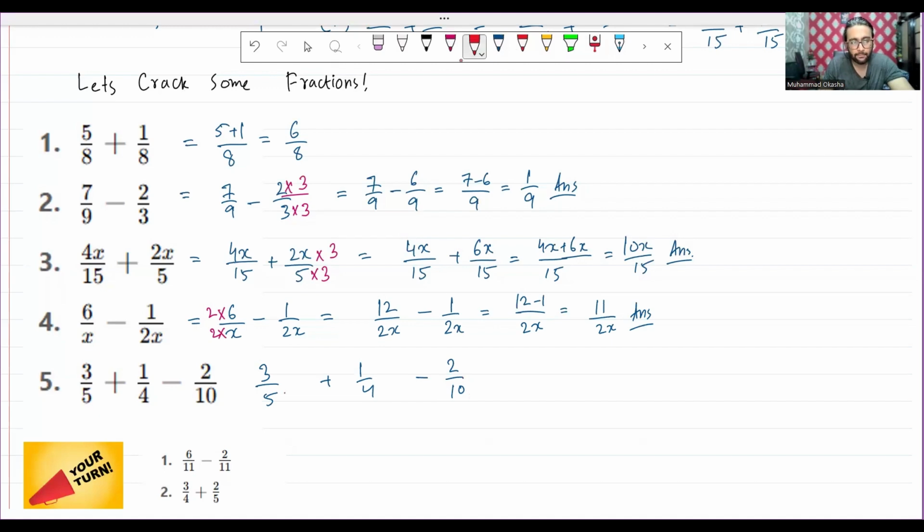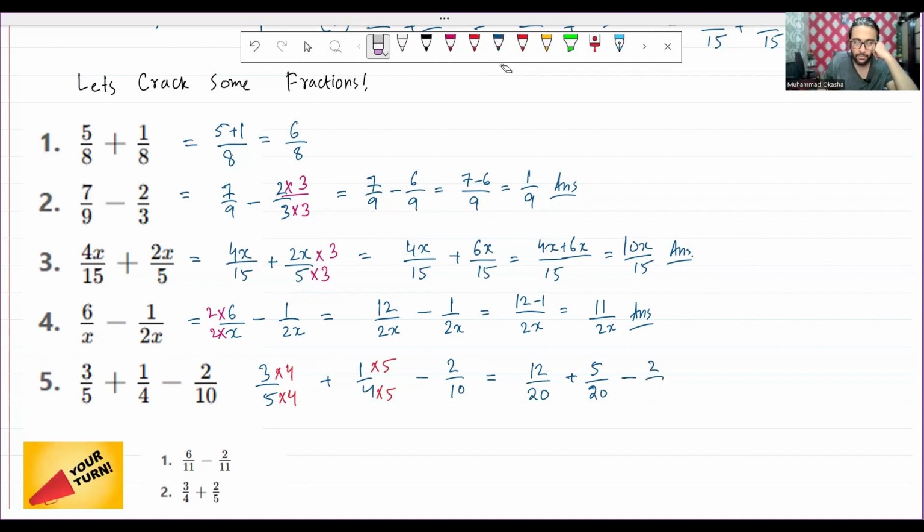So 5 times 4 is 10. So if I'm multiplying the denominator by a number, of course, I'll multiply the numerator by the same number, by 5, by 5, and I will get 12 divided by 20 from the first fraction. From the second fraction, I'm going to get plus 5 divided by 20 minus, I think I did not change anything in this one.